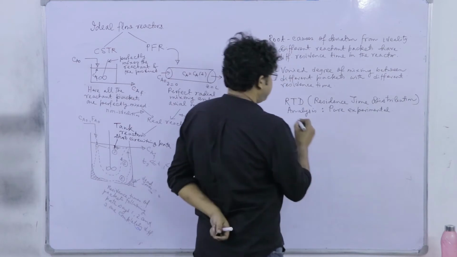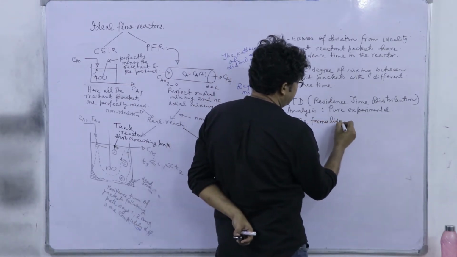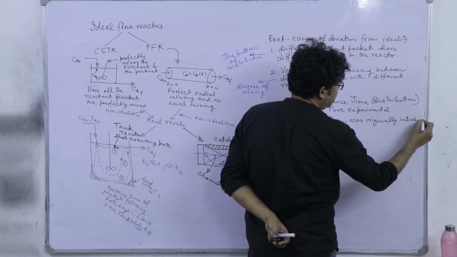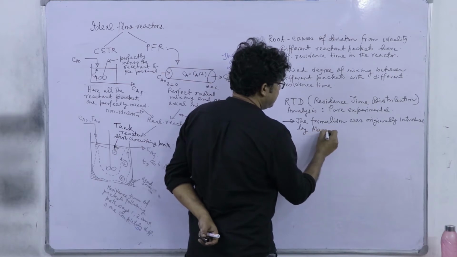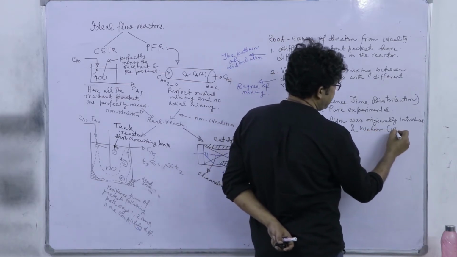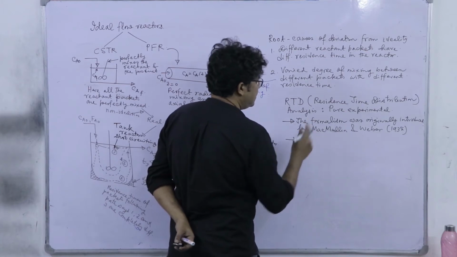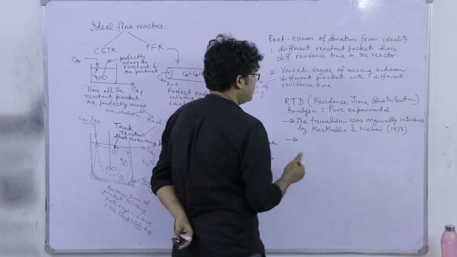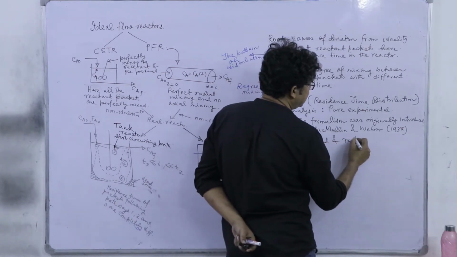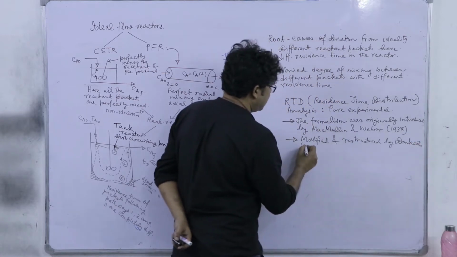This formalism of RTD was originally introduced by Macmillan and Weber, I think in 1935, but after that in 1952, what we follow today as RTD analysis was basically proposed, modified and restructured by Danckwerts around 1952.